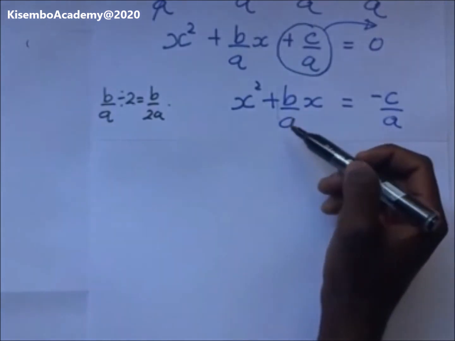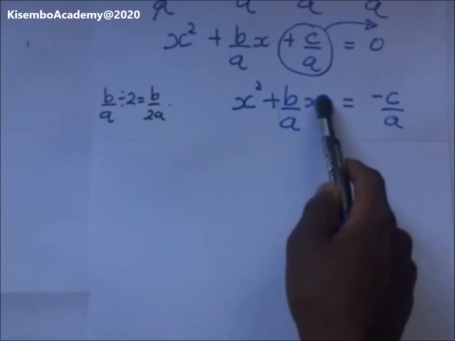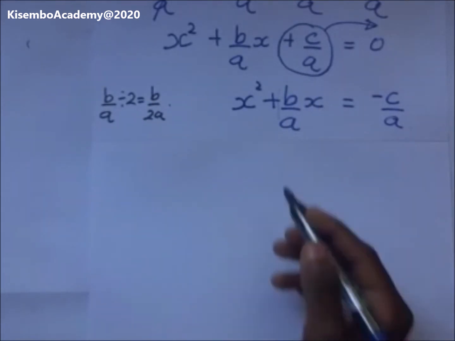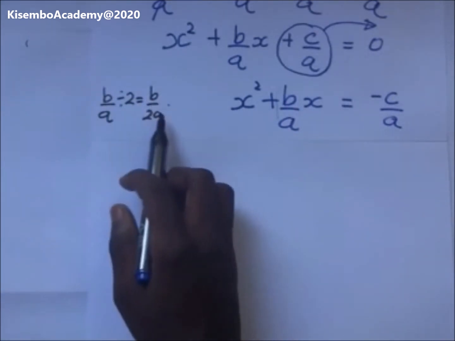So our next step, just like we've been doing in our former videos, is to divide the coefficient of x by 2, and b over a divided by 2 is equal to b over 2a.